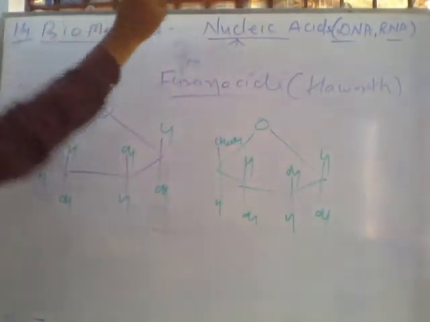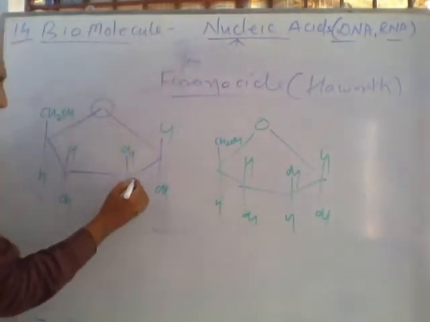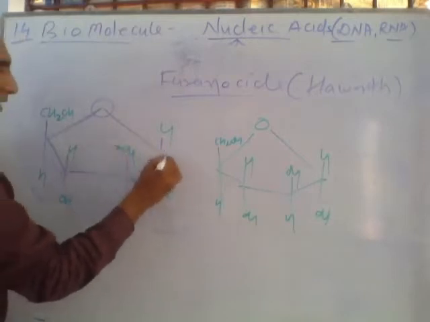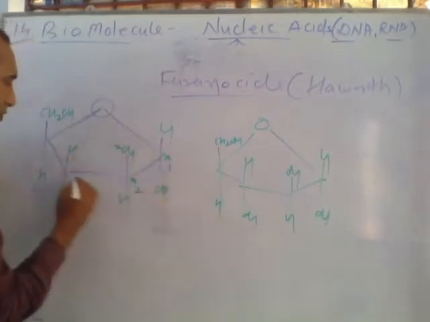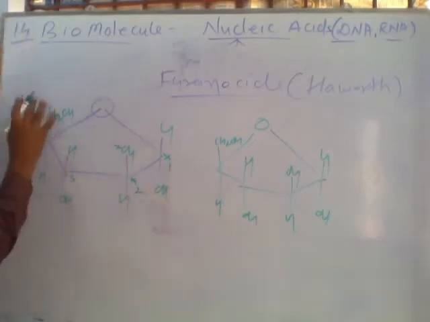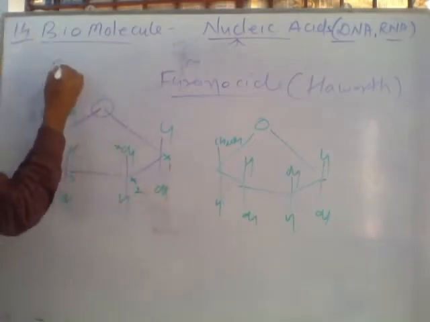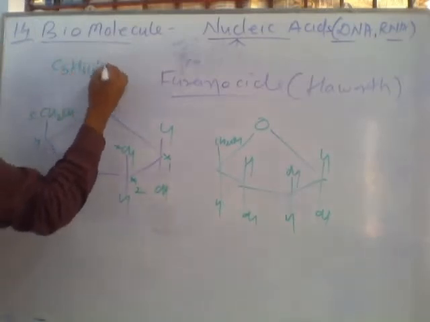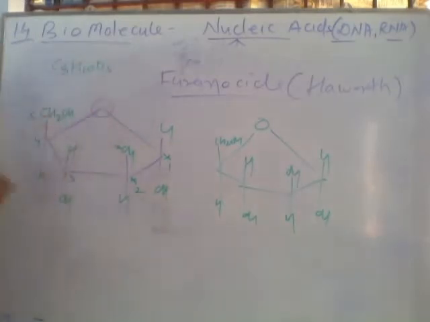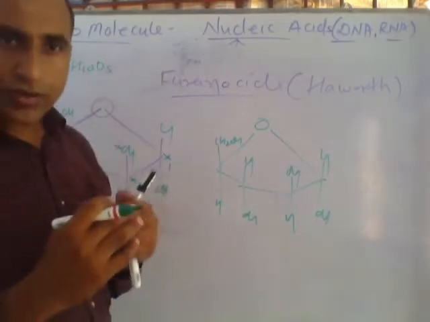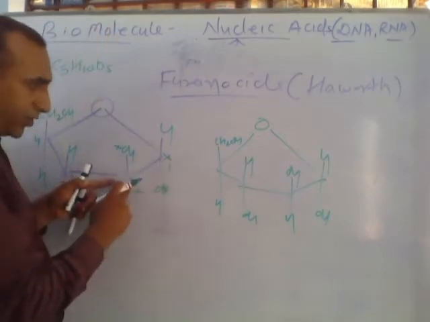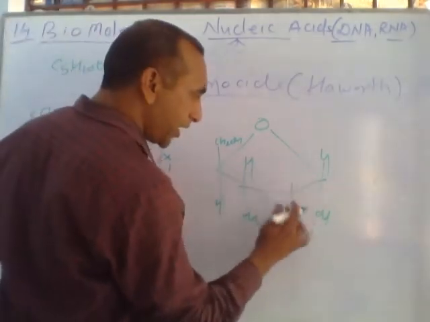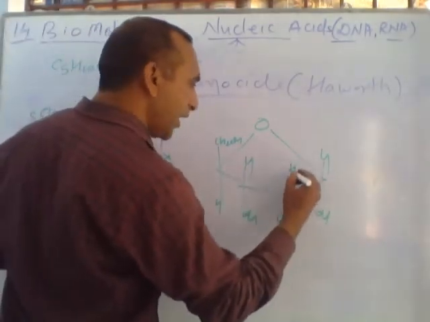Listen, I am drawing a star here, here and here. Numbering starts from here: 1, 2, 3, 4, 5. So in this compound, total carbons are 5, hydrogens 10, oxygens 5. Now if we change the orientation of H and OH on the second carbon, I write OH here and H on this side.